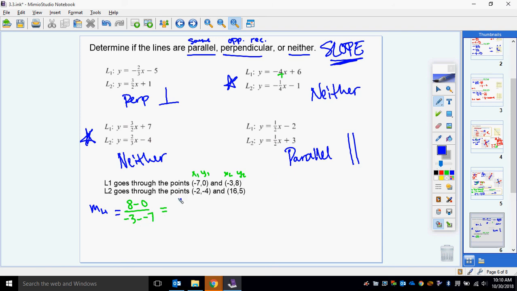So 8 minus 0 is 8. -3 minus a -7, so plus a positive. -3 plus 7 would be 4. 8 over 4 could simplify to 2 over 1 or just 2. Let's find the slope of line 2.